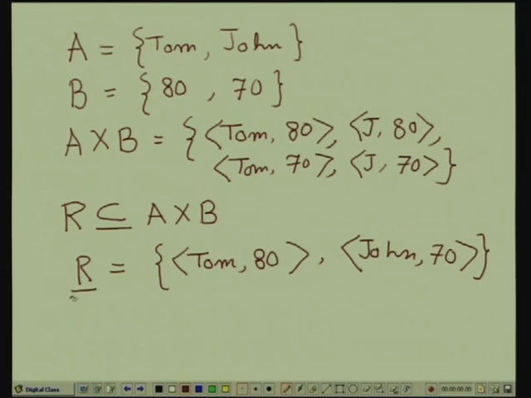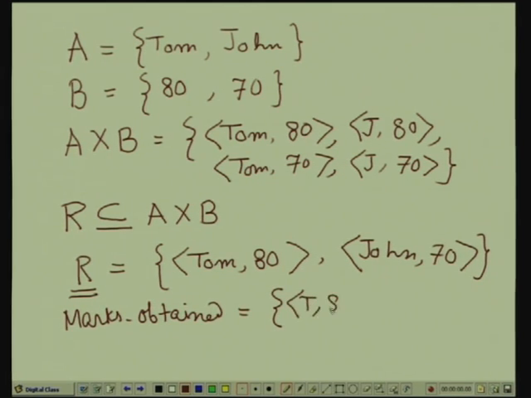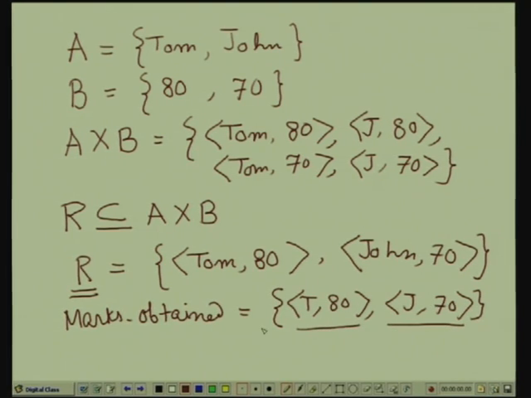And now I give a name, marks obtained, a name to this relation. So, marks obtained is a relation: Tom got 80 and John got 70. So, that is what we know as a relation in the typical computer science discrete mathematics sense, discrete structures. All of you know that this is the definition of a relation.